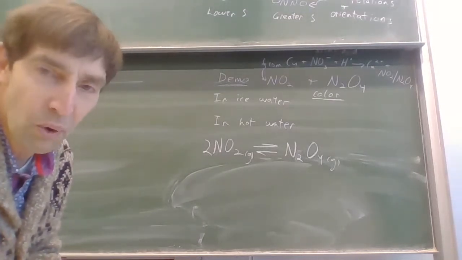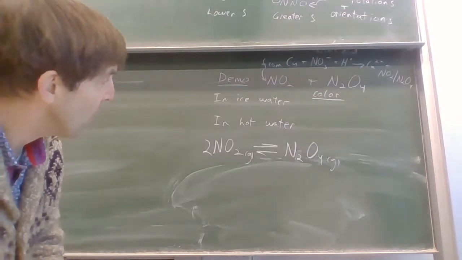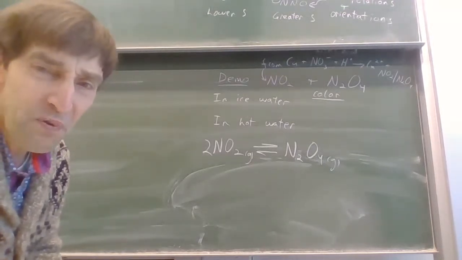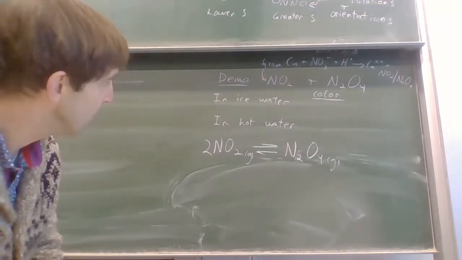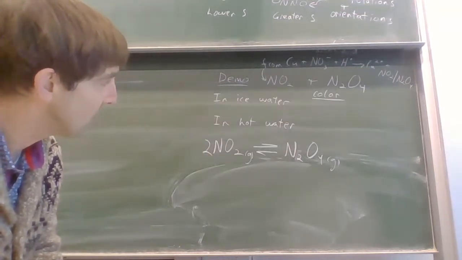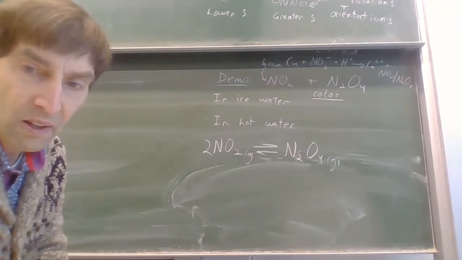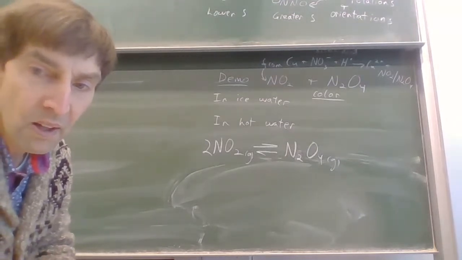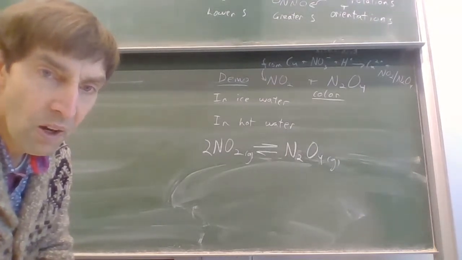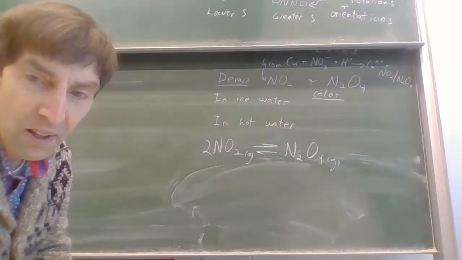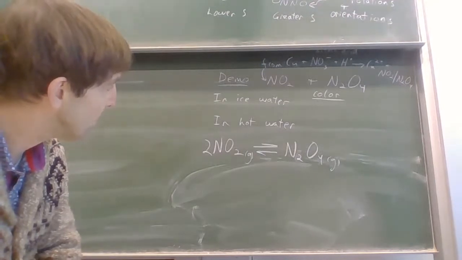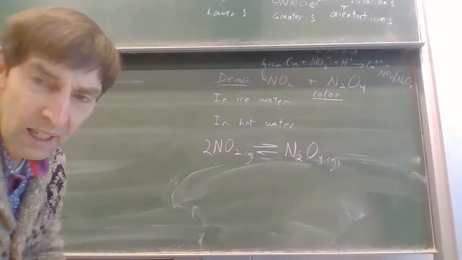So which side is favored by a hotter temperature? Or I could ask you, which side would you add heat to? Product side, product side. Okay, I'm getting some guesses.